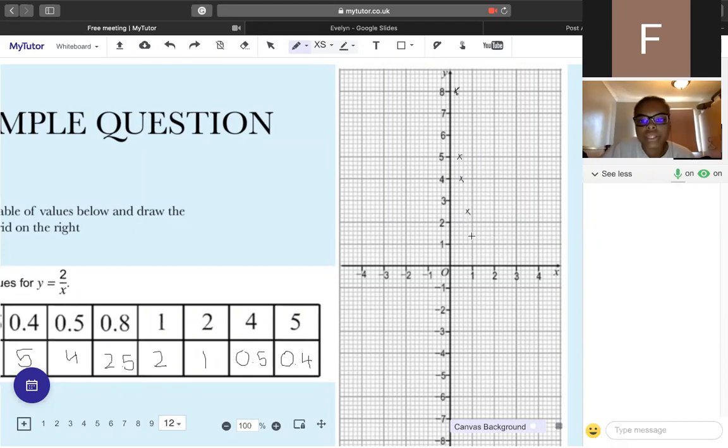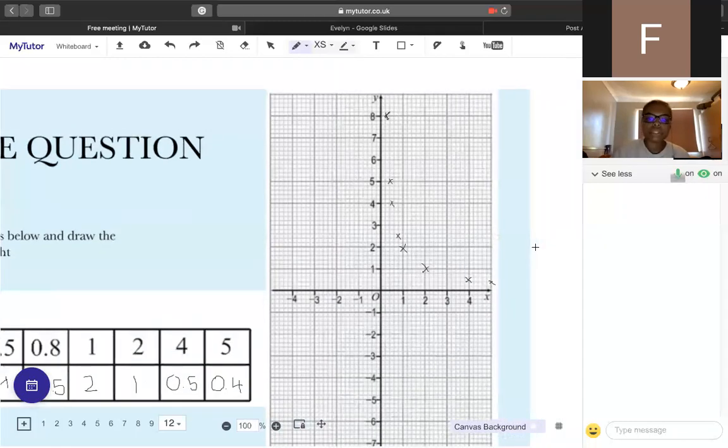And you have 1, 2, 2, 1, 4, 0.5, and 5, 0.4. But for this question, they haven't left space for the 0.4 point, but it would be somewhere over here if we were to continue it.